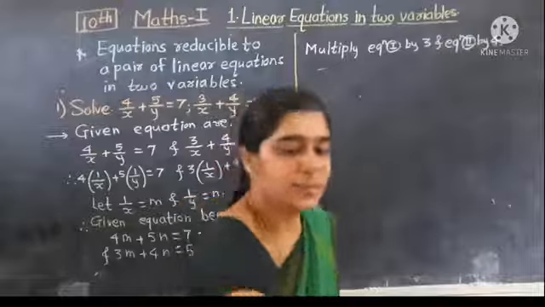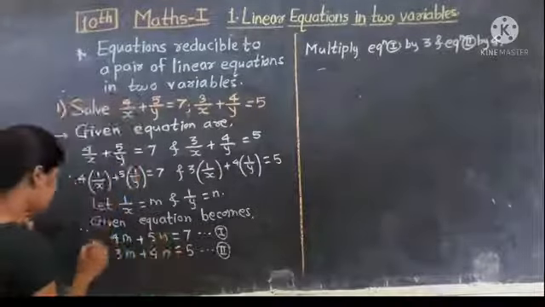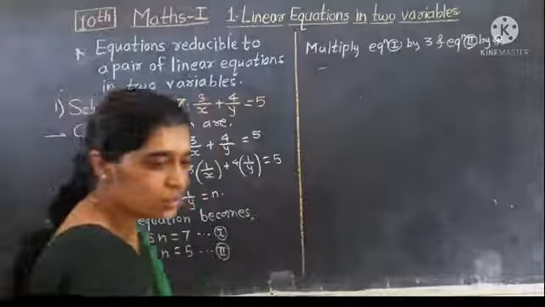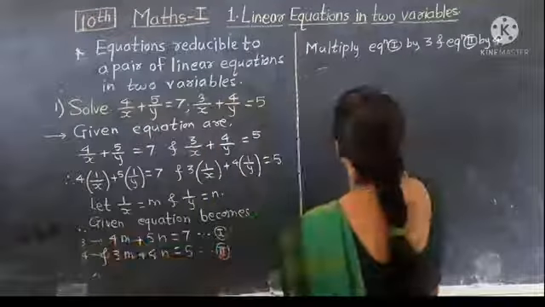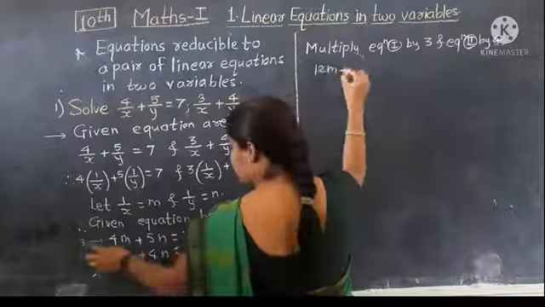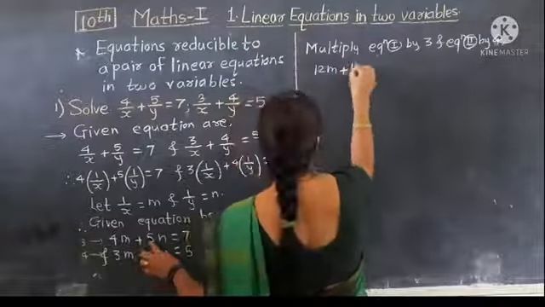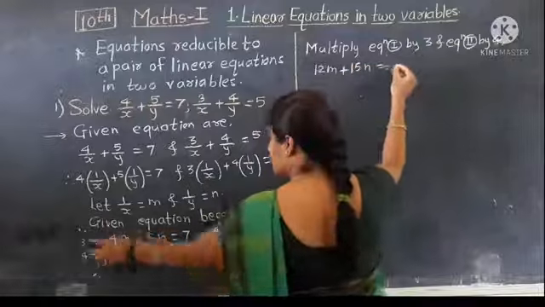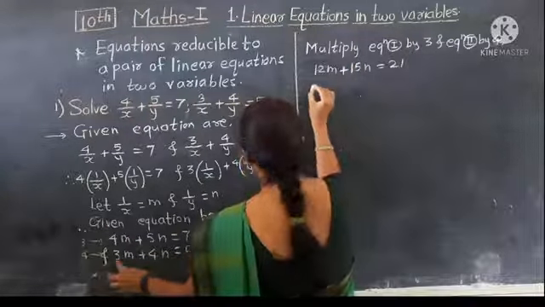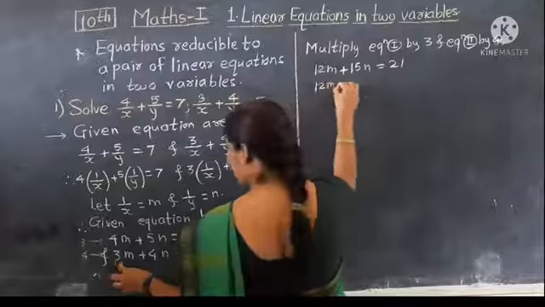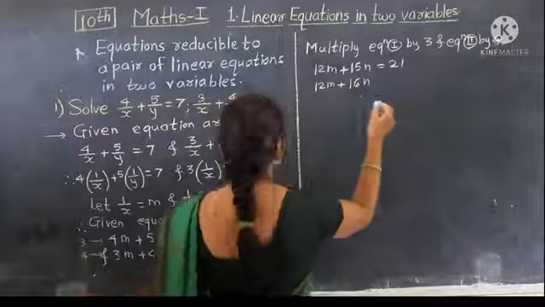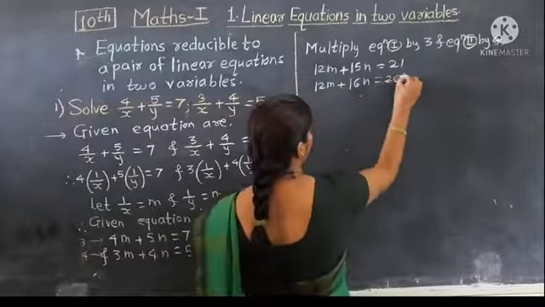What happens? 3 4s are 12m plus 3 5s are 15n is equal to 7 3s are 21. And the second equation becomes 4 3s are 12m plus 4 4s are 16n is equal to 5 4s are 20.